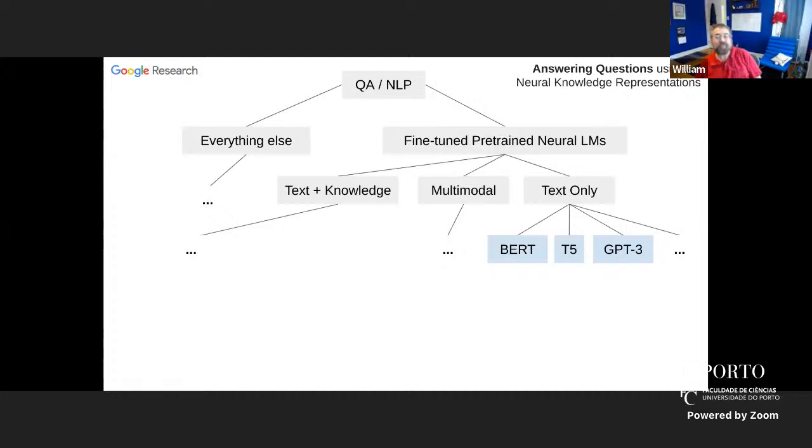The task I'm going to be focusing on is question answering, where a natural language question is answered in one of two ways: either by using text as a resource, as a repository of information, just a large corpus of documents, or by using a knowledge base.